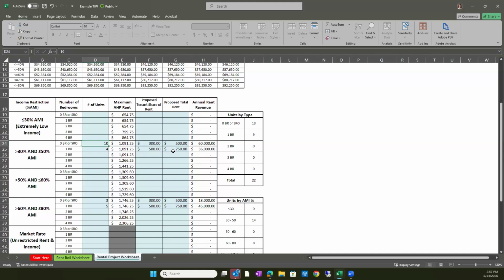So if the project was receiving rental assistance, which it would be in this case, if your tenants are receiving rental assistance, please make sure that the tenant share of rent reflects only what each tenant is expected to pay. We base our maximum rent standards on what the tenant is paying. So we want to make sure that they're below that standard.